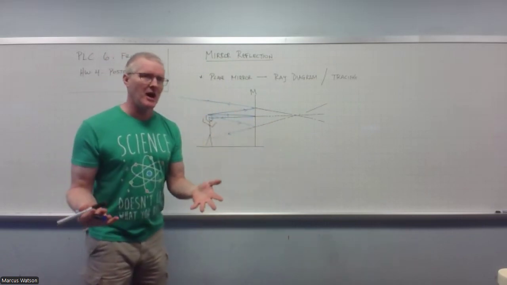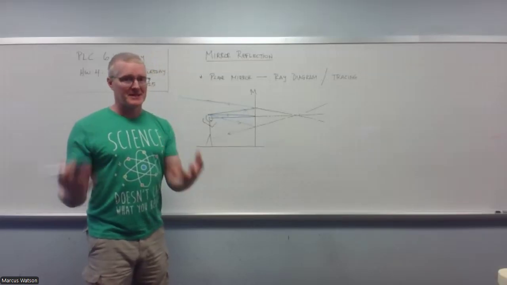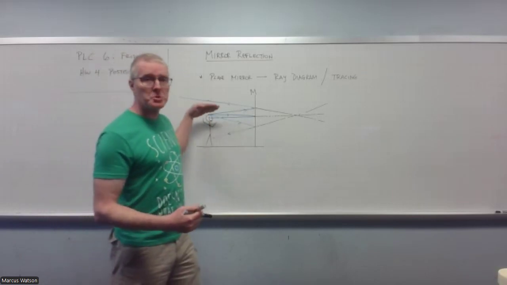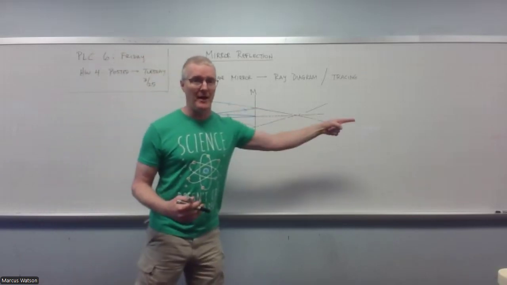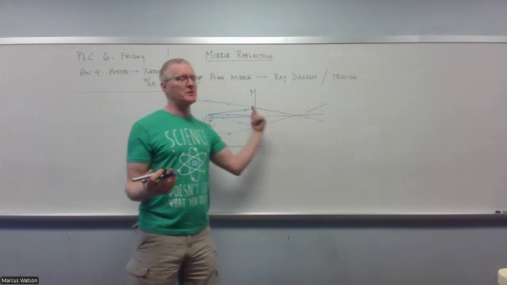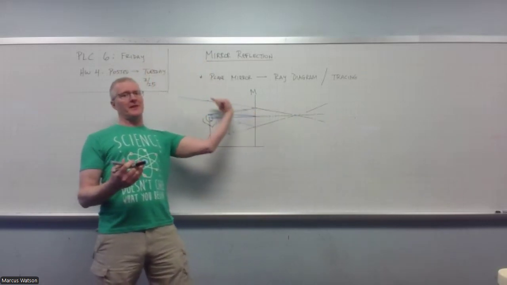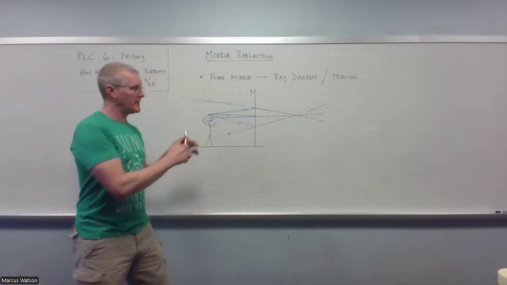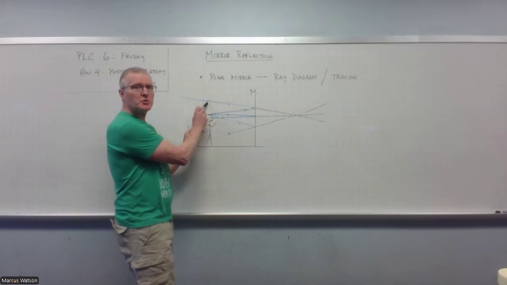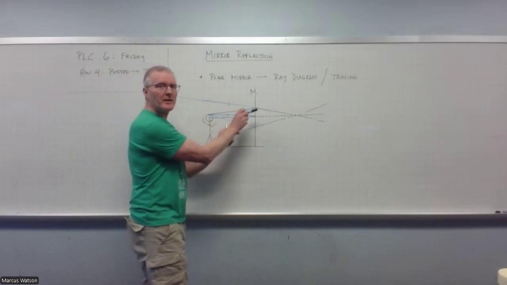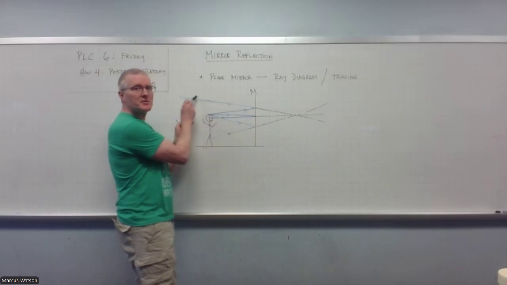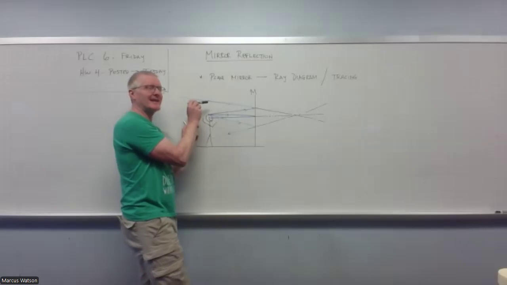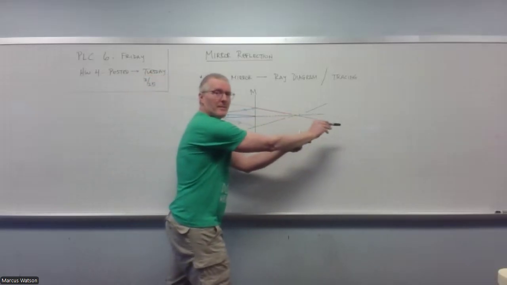Okay, this is often a common, not misconception, but a common mistake that people trace the incoming ray that way. But it's not doing that. We're concerned about the bounce, the reflected ray coming off. Where does it look like the reflected ray came from, right? This ray up here is due to a reflection of this one that was going that way. So once it comes this way, our eye is going to see it, and we're going to say, where does it look like it came from? And we're going to trace that path all the way back.